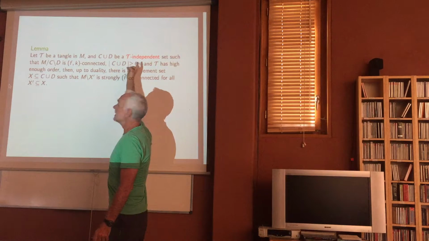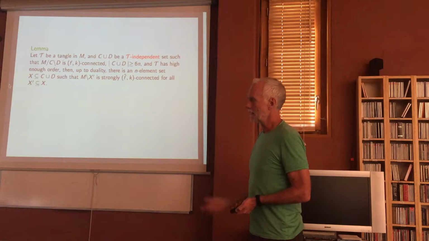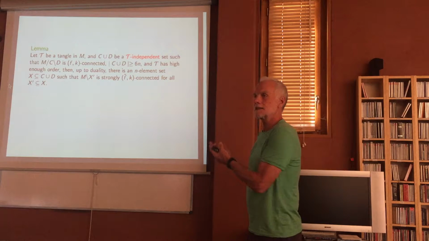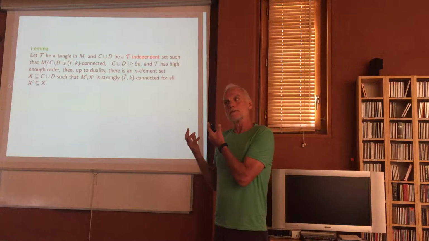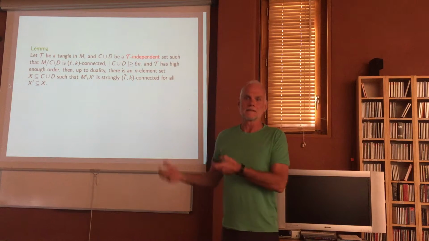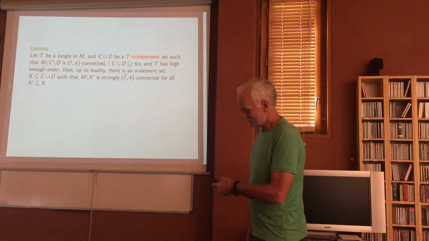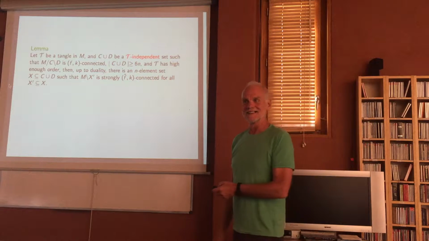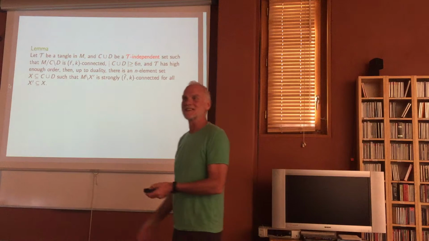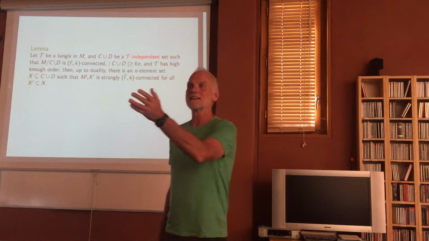Being independent in the tangle is the absolutely crucial property that I need. So you can prove lemmas like this if you do things tangle-theoretically, and if you're not prepared to go there with tangles, forget about it. I'm proselytizing. I'll start coming around and try to sell you, sort of Seventh-day Adventist type stuff.